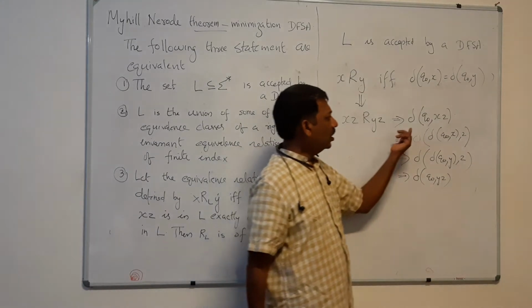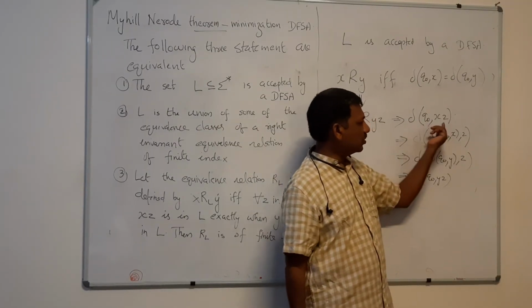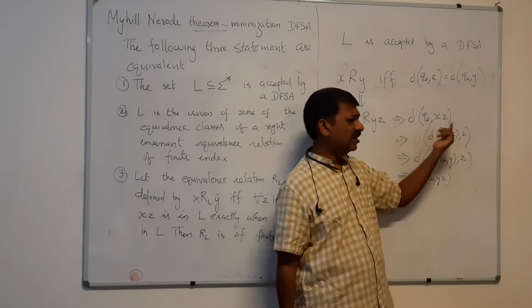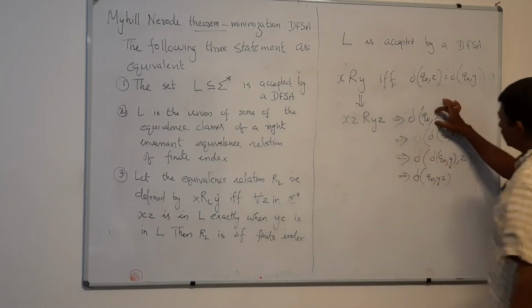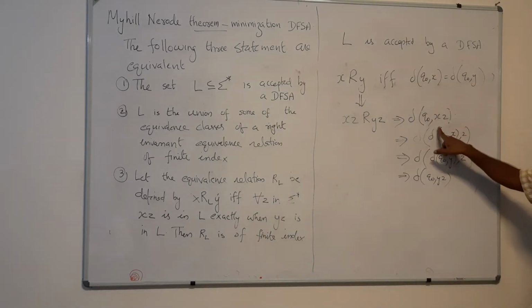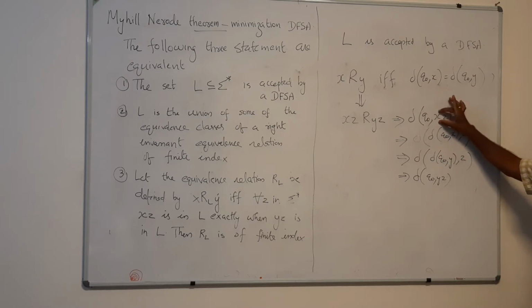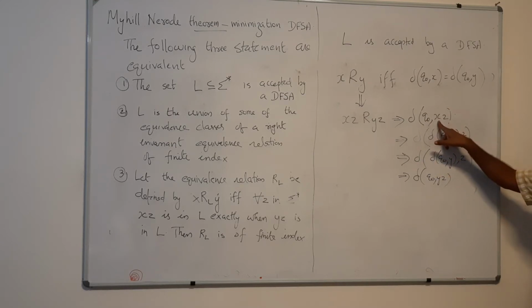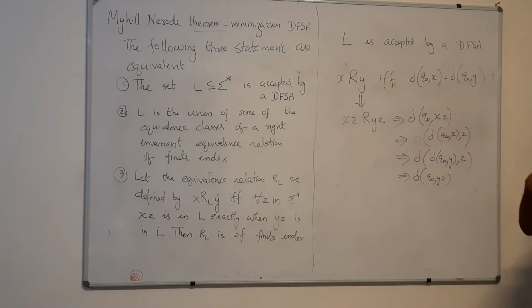For that, you are taking delta of q0 comma xz. Xz is a string. That means x is having 0 or more symbols, and z is having 0 or more symbols. Here, q0 on accepting x, after processing x, reaches some state.